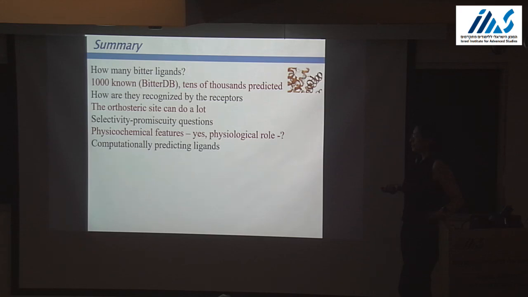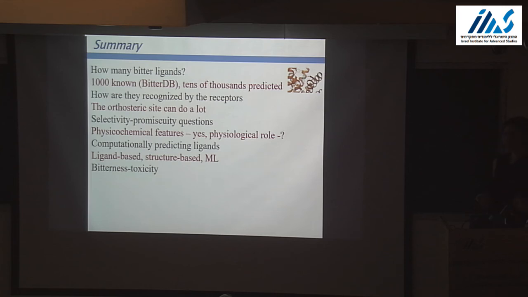We can predict ligands computationally, and we can do it by ligand-based, structure-based, or machine learning approaches. And this is not trivial, especially the structure-based, because we are starting from really low-resolution models, but it can still work.